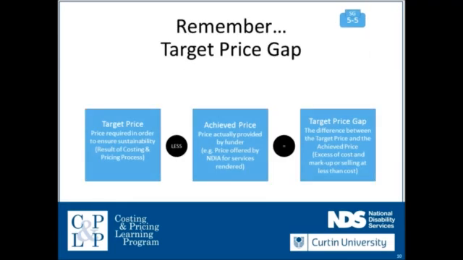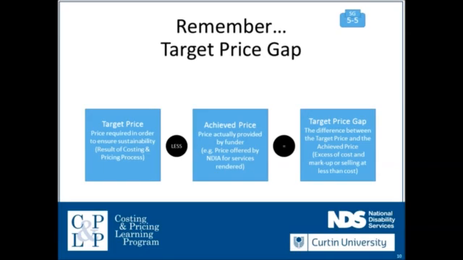Now, getting on to target price, remembering from the last webinar, a great deal of work and time in this costing and pricing learning program is focused on these 3 elements in order to identify the target price gap.